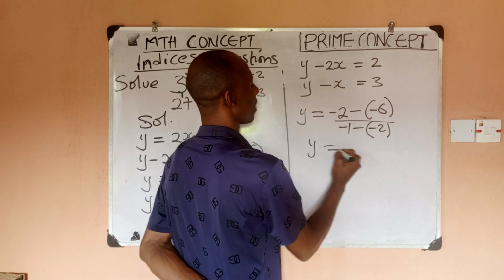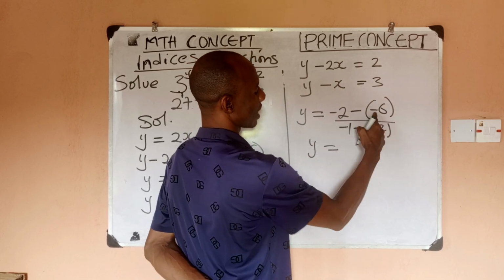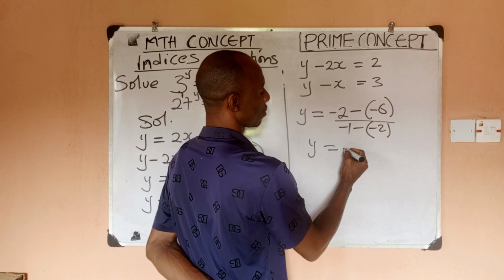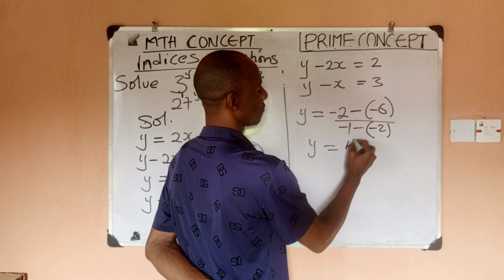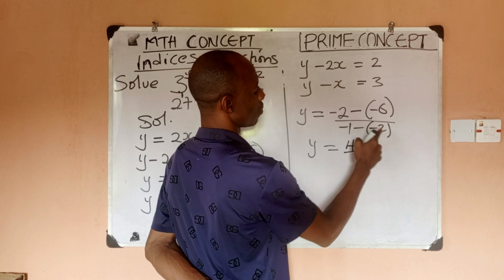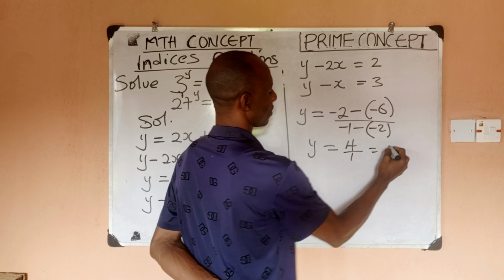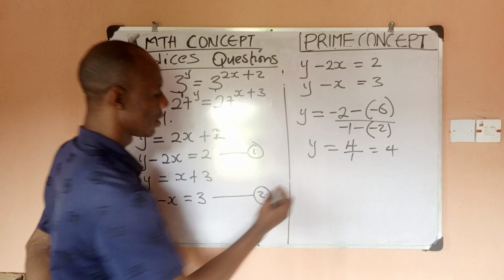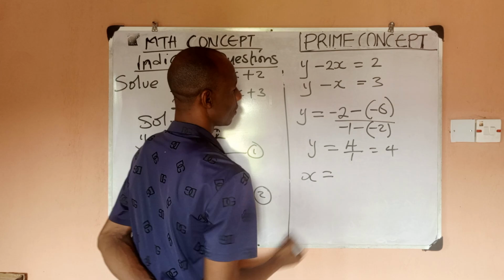So what do I have as my y? I have minus 2, this times this is plus, so I have minus 2 plus 6 is 4, divided by 2 minus 1 which is 1. So y is 4.